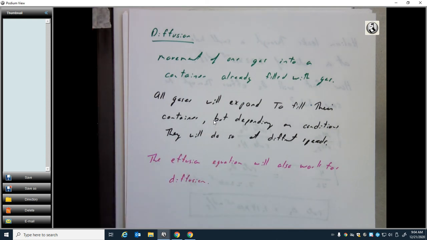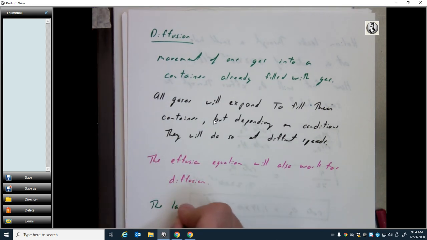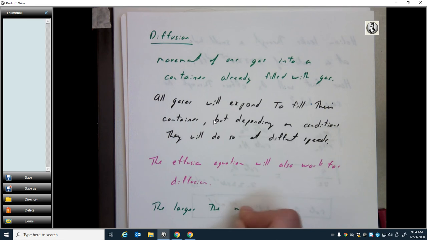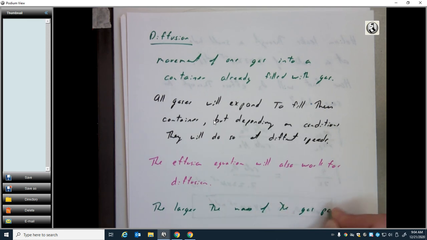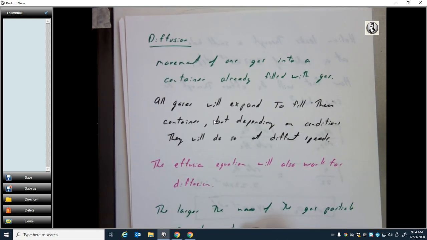So now what does that tell us about diffusion of gases? Well, the larger the mass of the gas particle, the slower it will diffuse.